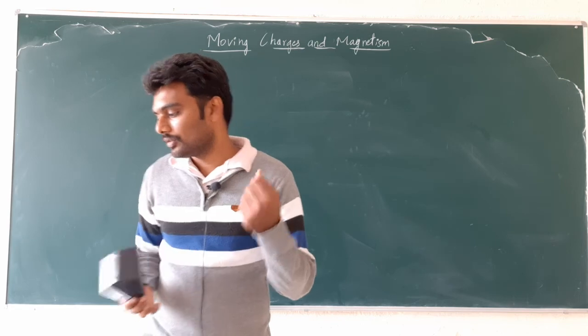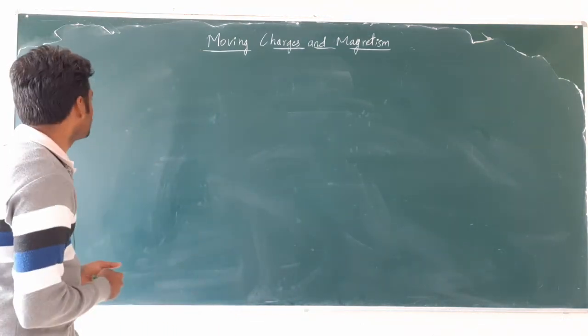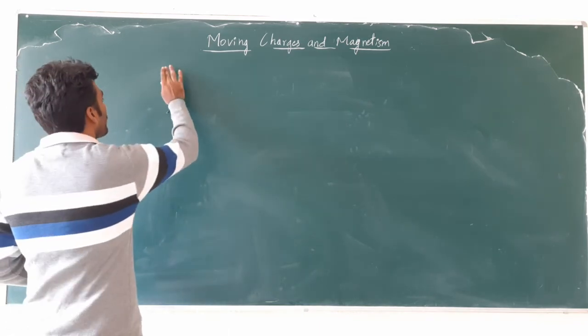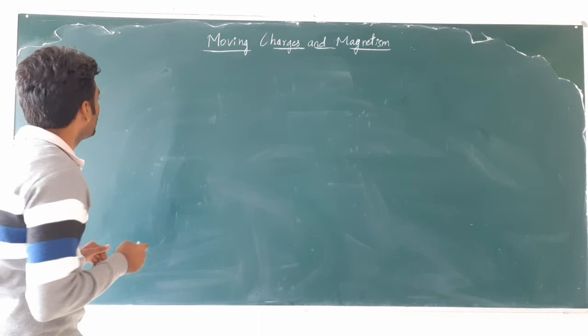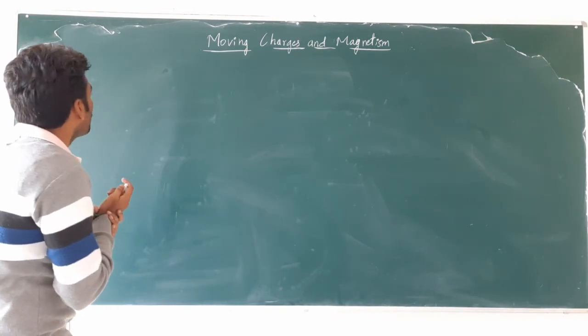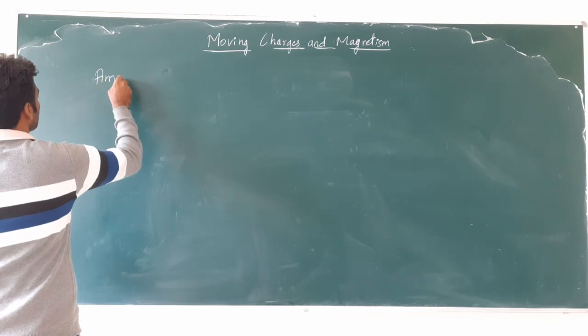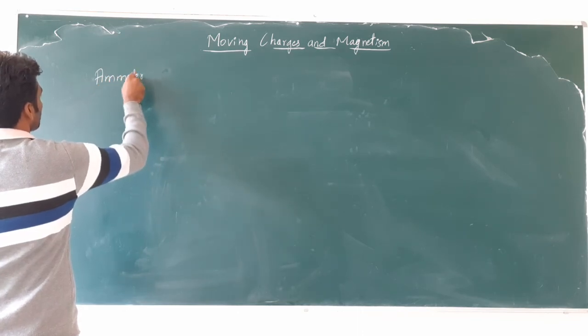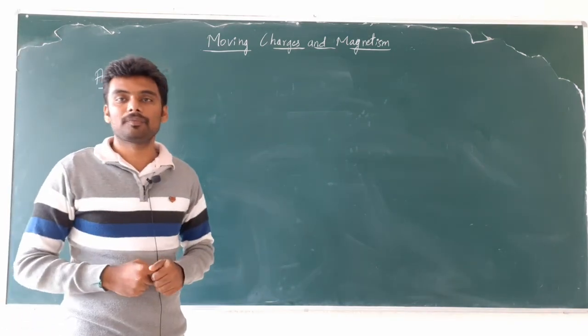A galvanometer is actually used just to know the presence of current, but the device which is used to measure current in the circuit is called an ammeter, right? The ammeter is the device which is used to measure the current in the circuit.